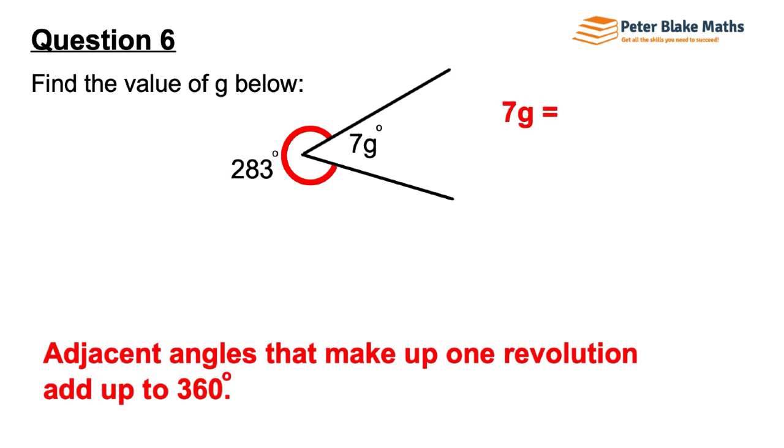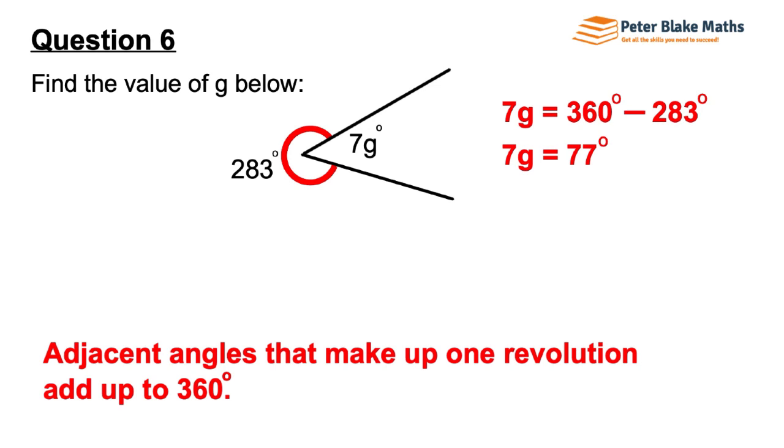And so we can make a little equation out of this. The 7g equals 360 degrees minus 283 degrees. You can kind of see that the full 360, if we take away the 283, we'll get that 7g section left, won't we? So just to simplify that, we'll get 7g equals 77 when we subtract that right-hand side there.